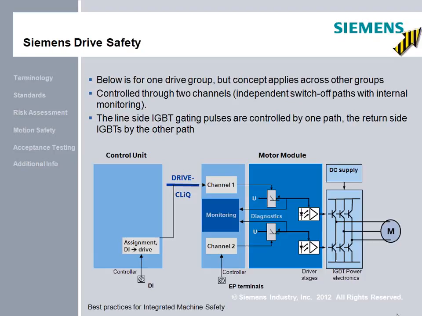In the motor module itself, in this case, two opto-isolators, each controlled by one of those channels. In the DC supply or the output section to a servo motor, we have 6 IGBTs or power transistors. In the case of a three-phase servo motor, we have to commutate that servo motor with a proper electrical pattern to get the motor to rotate.